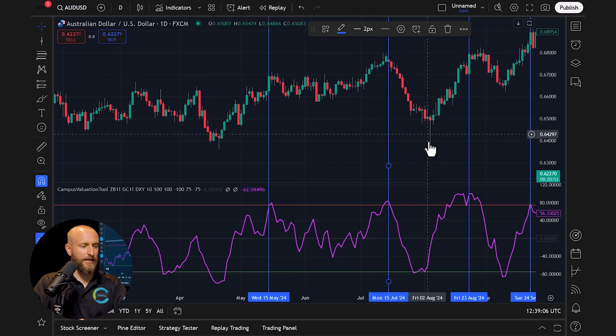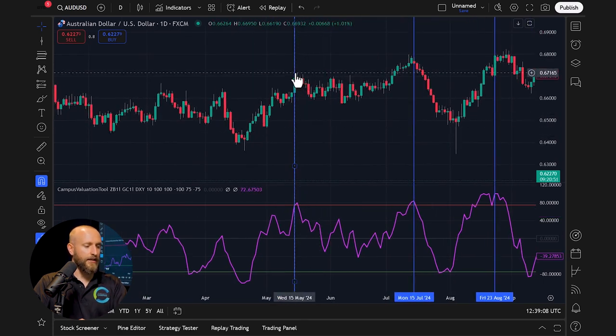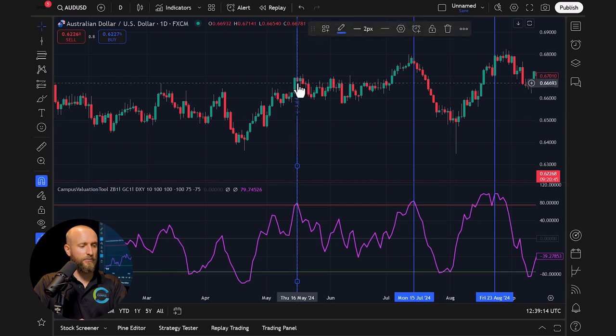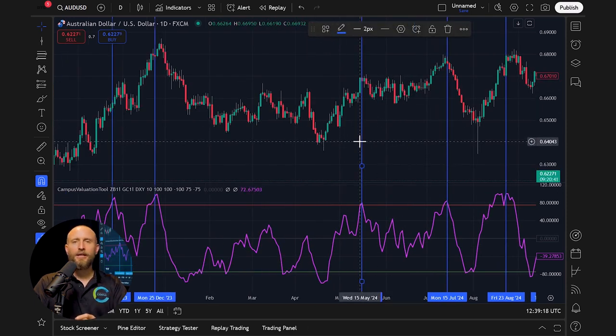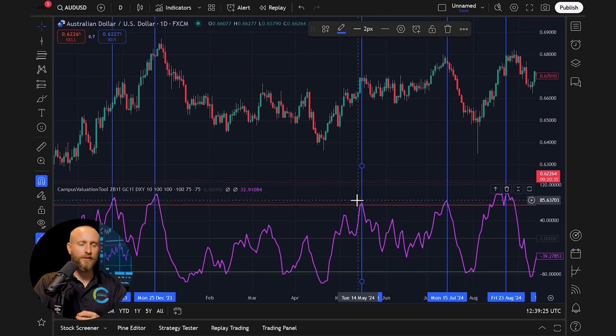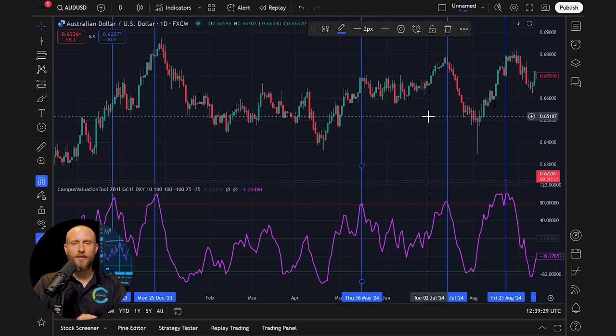We got the sharp decline from here. And even here, all the way back in May, as soon as we started to become overvalued, in the subsequent days, price started to collapse. So you can see that the indicator is very accurate. And every time we are in an extreme, so in our example right now, in an overvalued extreme, we can expect a pullback or a sharp decrease in price.